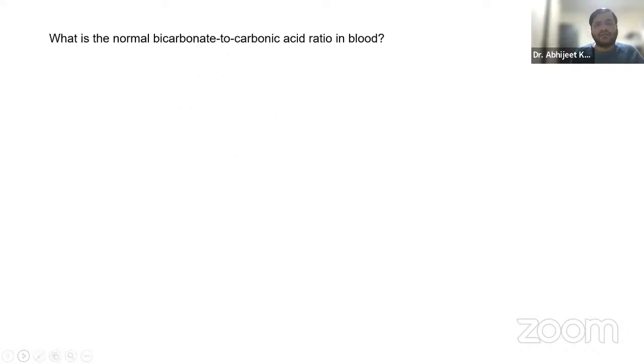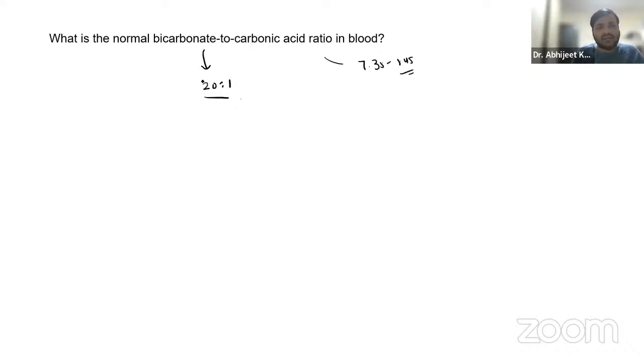The last one, what is the normal bicarbonate to carbonic acid ratio in the blood? It is 20:1, right? Remember, it helps in maintaining the blood pH range from 7.35 to 7.45. Basically the bicarbonate acts as a base, the carbonic acid acts as the acid.